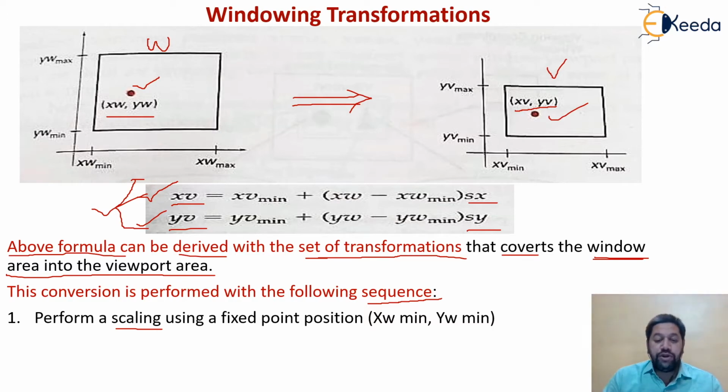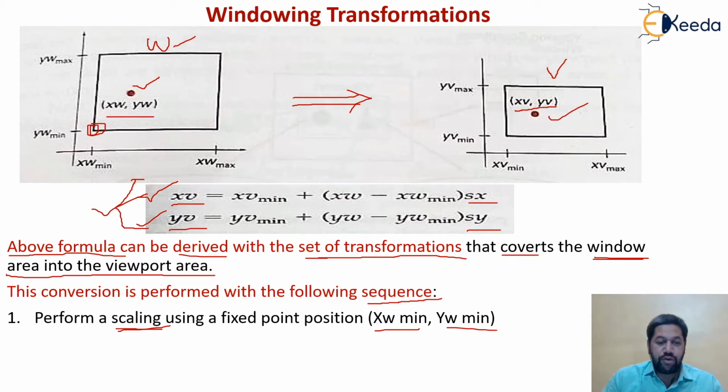My fixed point is xw minimum and yw minimum, because I consider it the origin of my scaling, which is the minimum value or zero value of my window. So I perform the scaling using the fixed point position xw minimum and yw minimum.